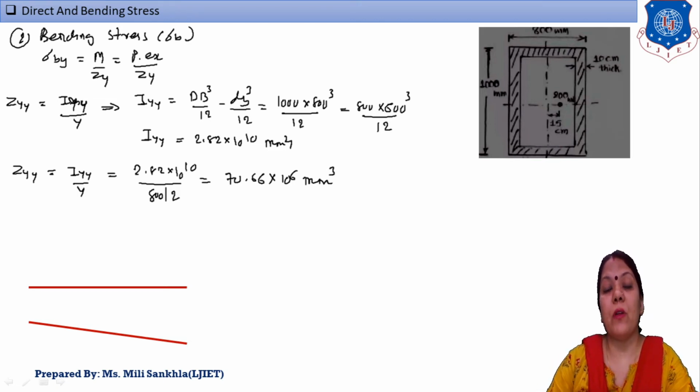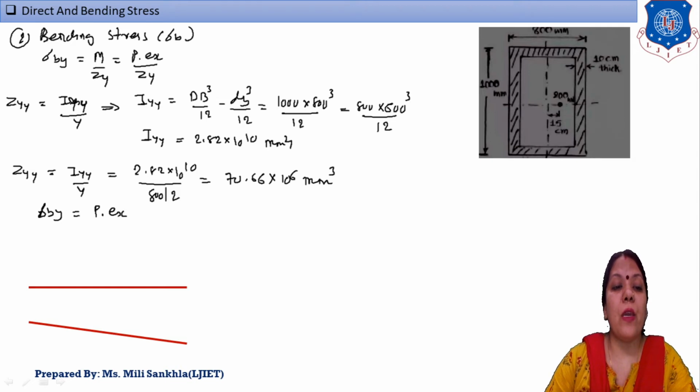Now we find out sigma by. Sigma by is equal to P into Ex divided by Zy.